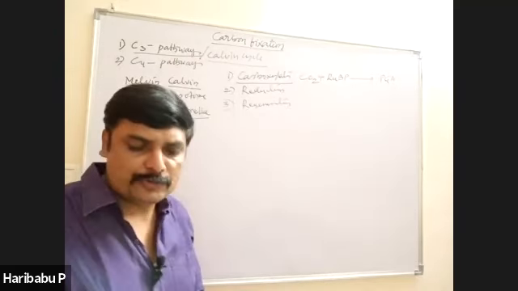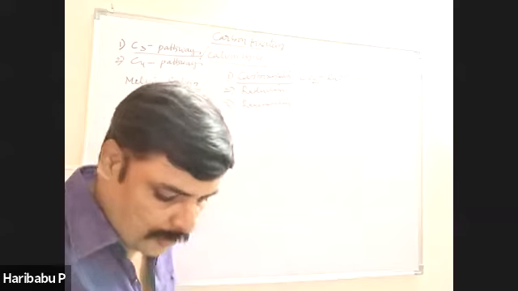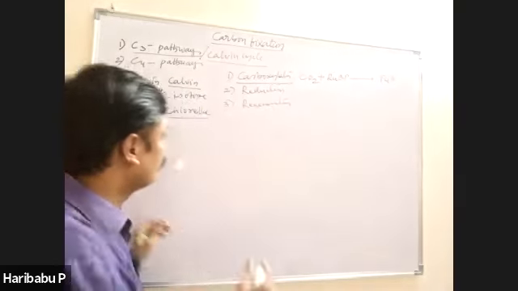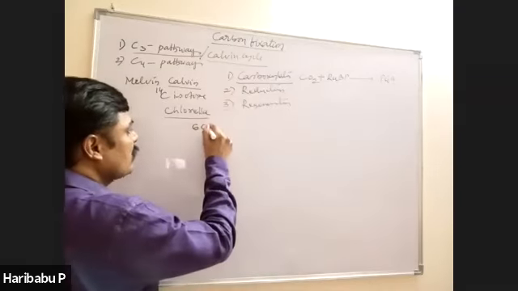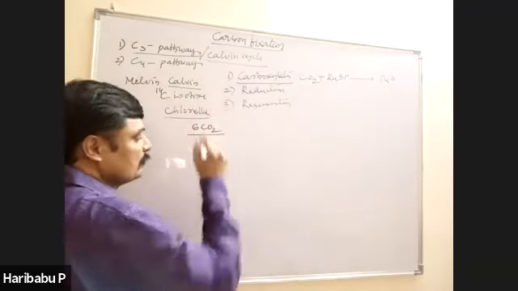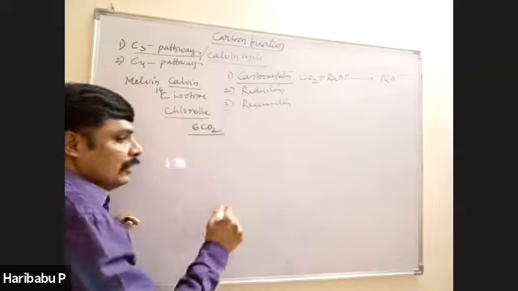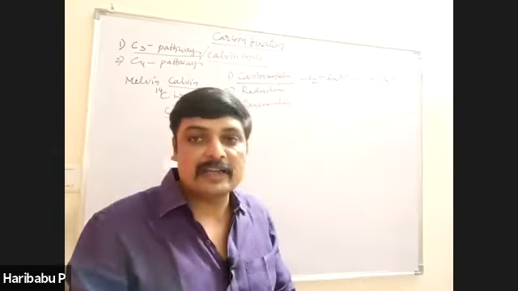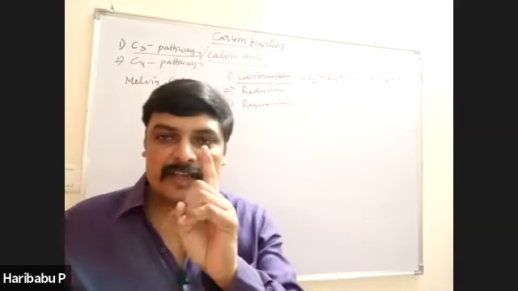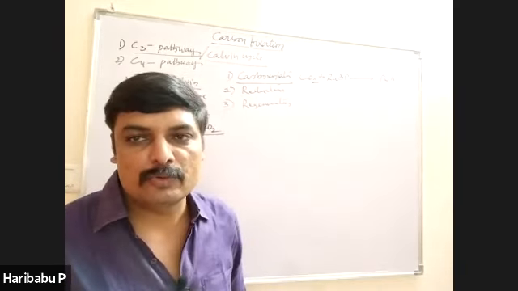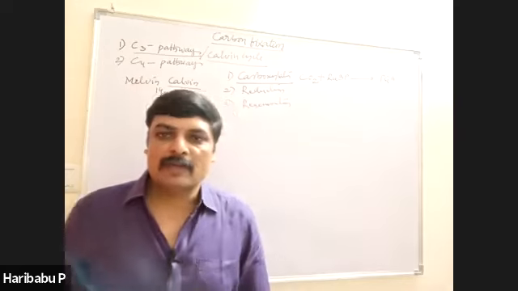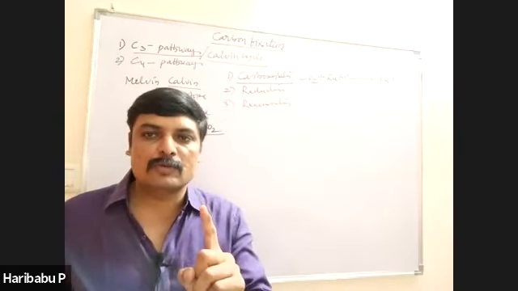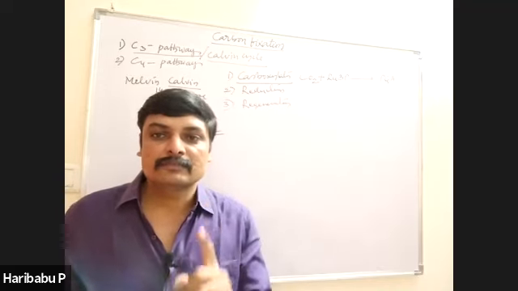Here one point you should remember. In order to synthesize 1 glucose, 6 carbon dioxides are required. That means 6 Calvin cycles are required to synthesize 1 glucose molecule. Number of Calvin cycles must occur to synthesize one glucose molecule? 6.